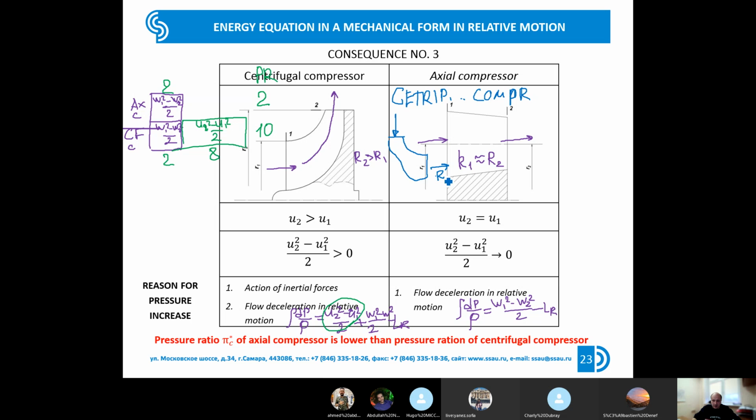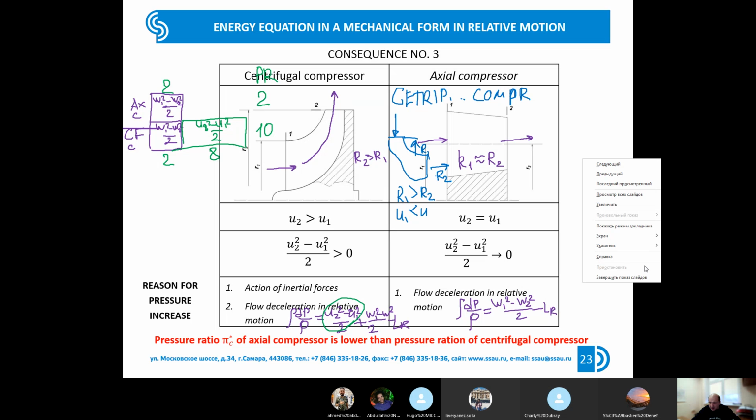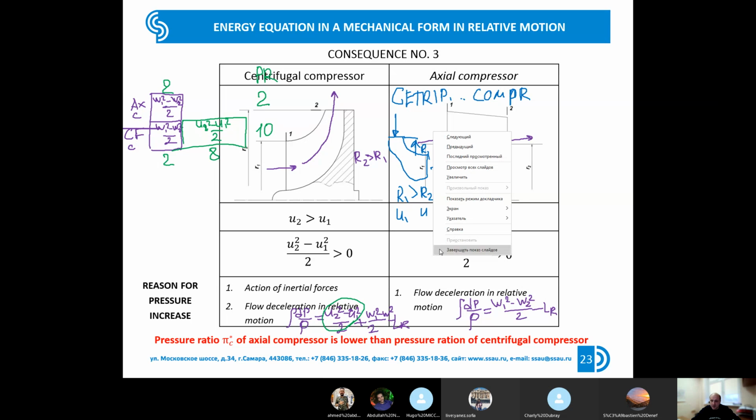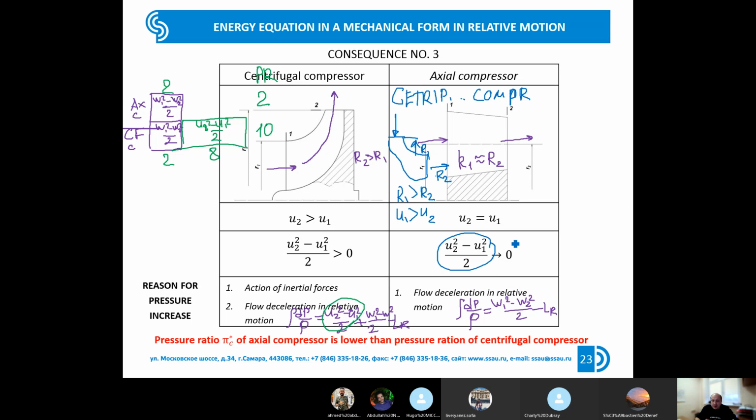It will be R2, it will be R1. It means that R1 is more than R2, and it means that U1 is more than U2, and that this term for the centripetal compressor will be negative.